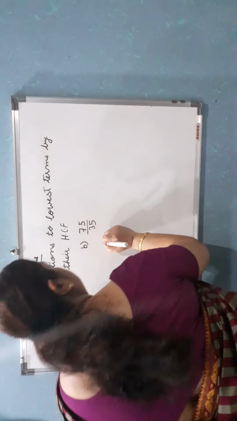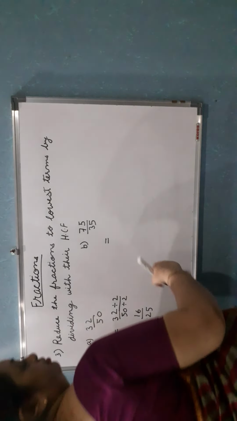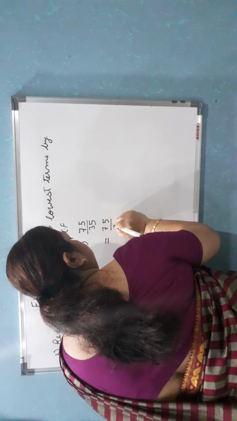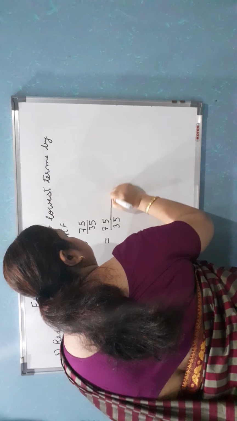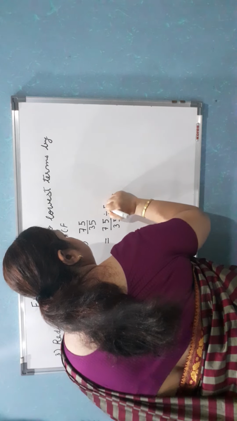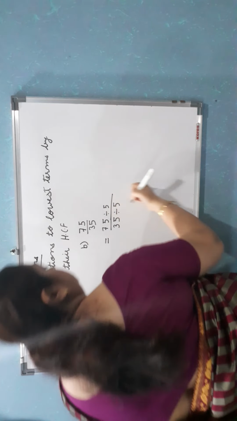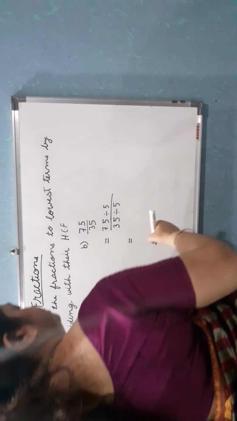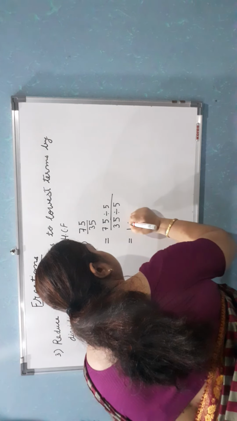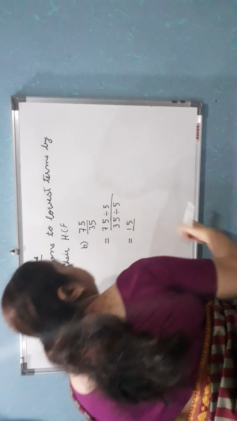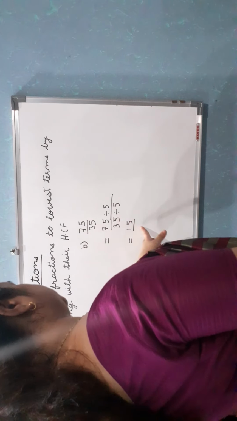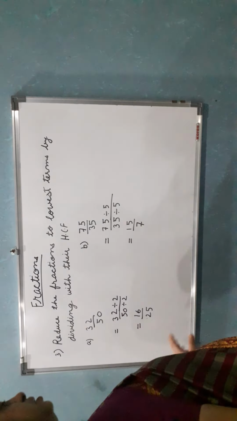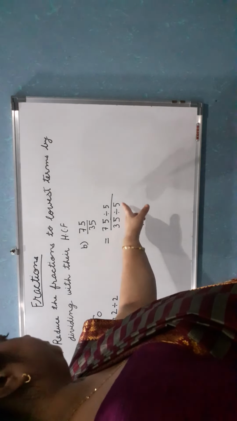Now look here. Here HCF will be 5. So you can find it out. 5 15s are 75 and 5 7s are 35.